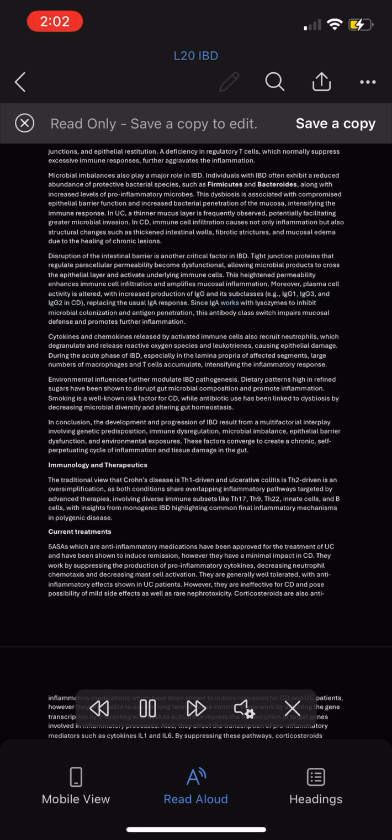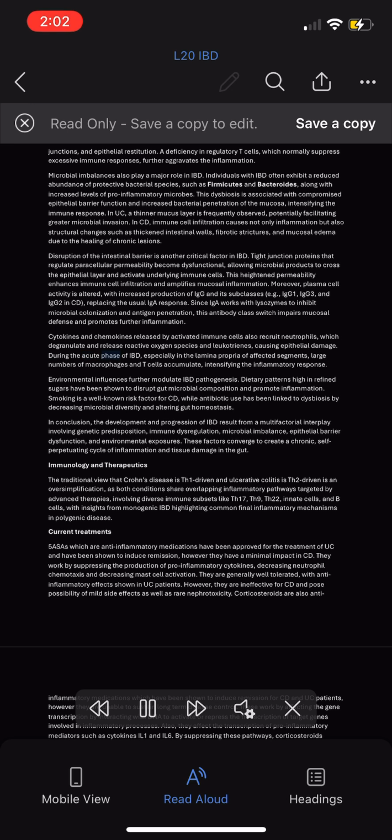Since IgA works with lysozymes to inhibit microbial colonization and antigen penetration, this antibody class switch impairs mucosal defense and promotes further inflammation. Cytokines and chemokines released by activated immune cells also recruit neutrophils, which degranulate and release reactive oxygen species and leukotrienes, causing epithelial damage.